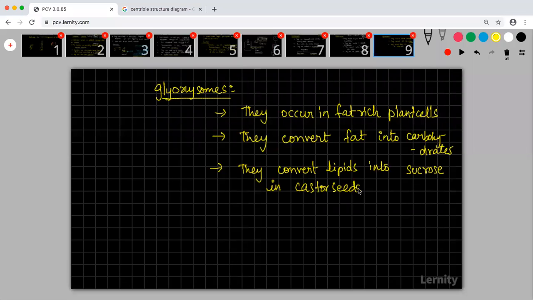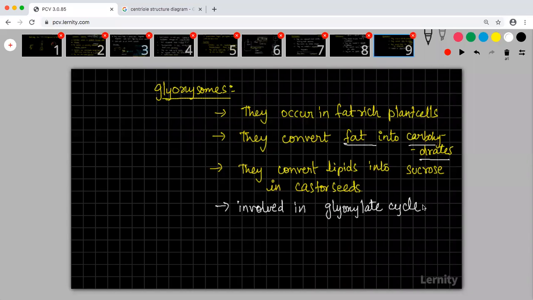Basically, this also has enzymes that help convert fats into carbohydrates. Those enzymes are involved in the glyoxylate cycle, so we call them glyoxysomes.